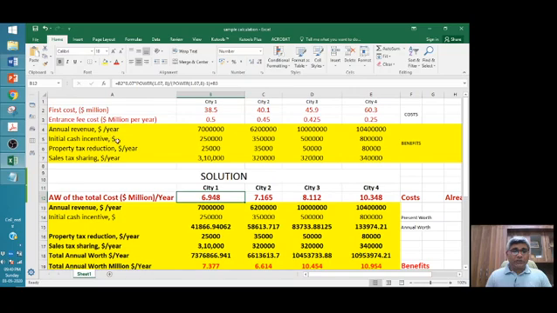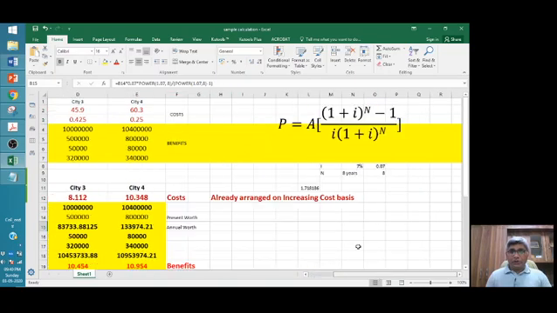Now the initial cash incentive is given as a one-time investment, so we have to convert this one-time investment on a yearly basis. I have used the same formula for converting this present worth into annuities. Here P is given, so I can easily compute the value of A. i is given as 7%, that is 0.07, and n is given as 8 years.